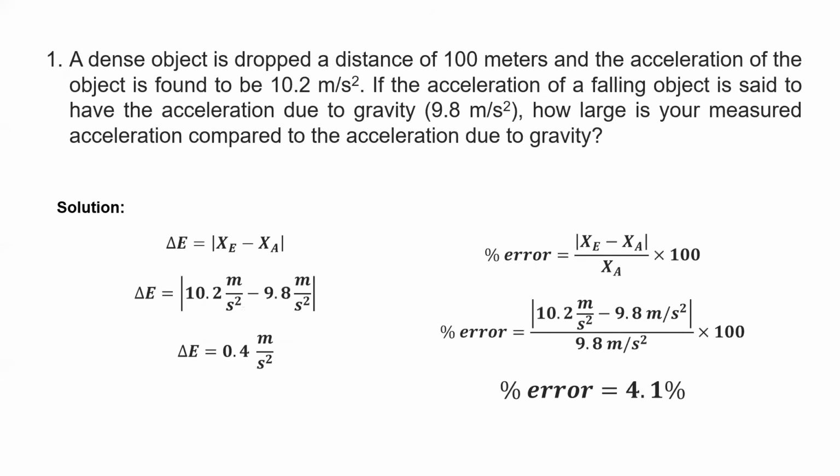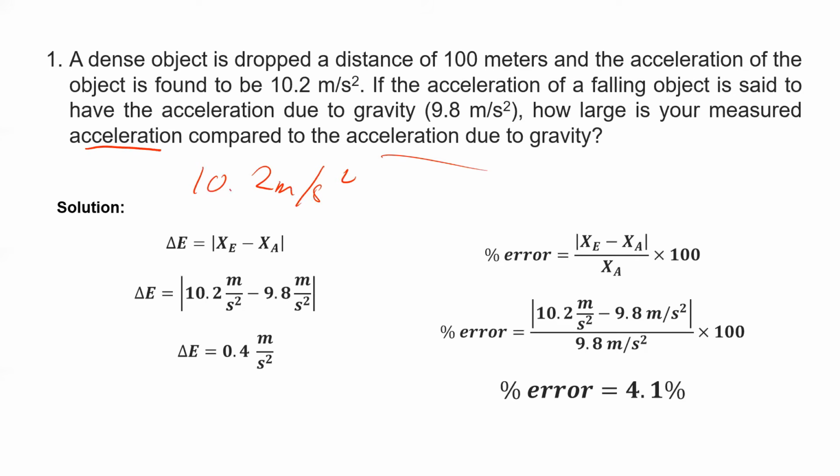So to answer number 1, we were asked how large is our measured acceleration compared to the acceleration due to gravity. So yung measured acceleration natin is 10.2 meters per second squared. Gaano kalaki yung 10.2 meters per second squared compared sa 9.8 meters per second squared?